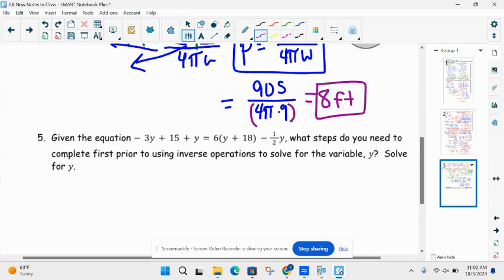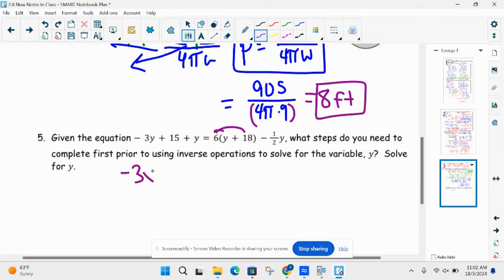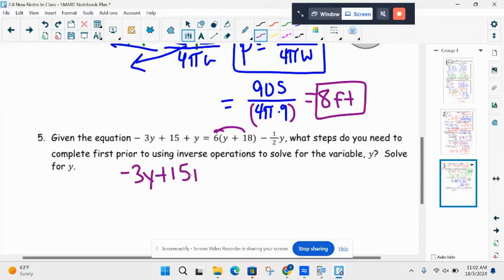Yes, we need to distribute. And then after that, you would combine your like terms. But you need to get the y out of parentheses. So you'd have negative 3y plus 15 plus y equals 6y plus 108 minus 1/2 y.